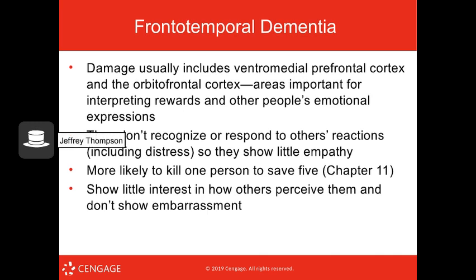You're also likely seeing damage in the ventromedial prefrontal cortex and the orbital frontal cortex, which, as you might remember, are areas important for interpreting rewards related to decision making and other people's emotional expressions. They won't recognize or respond to others' reactions, including distress. So if I'm like, help, right? Most of us might go, oh, what's going on, right? They might not. So they're going to show little empathy.